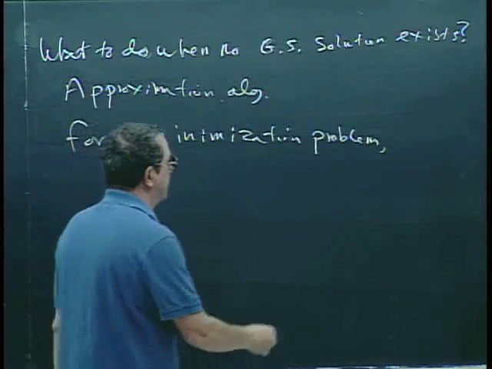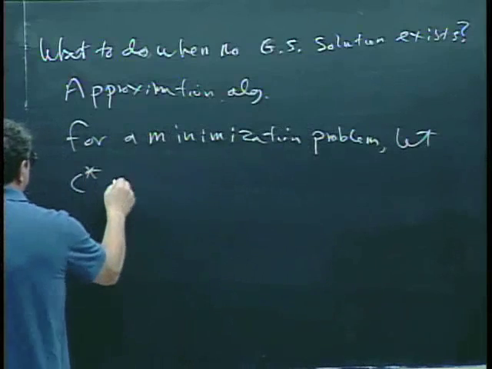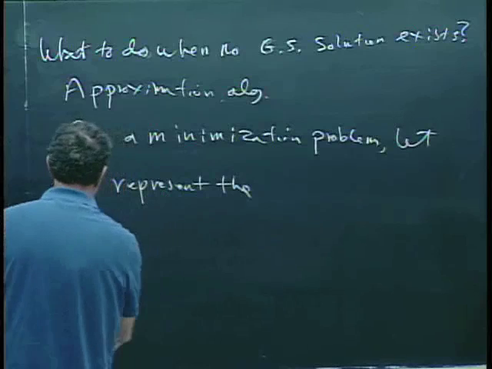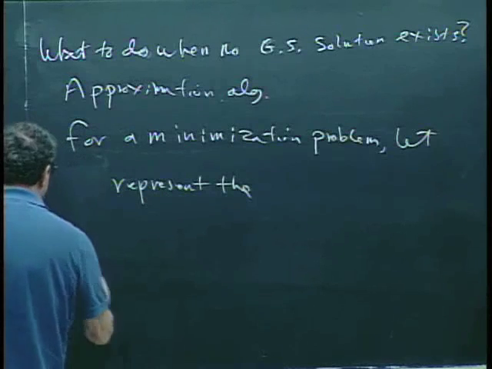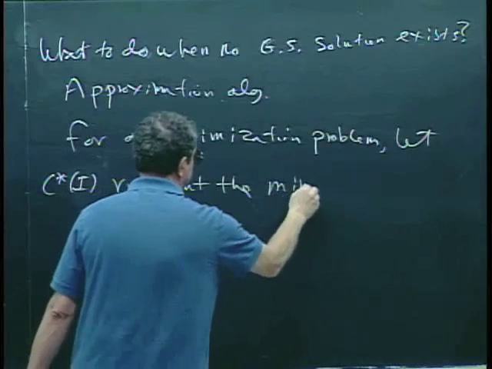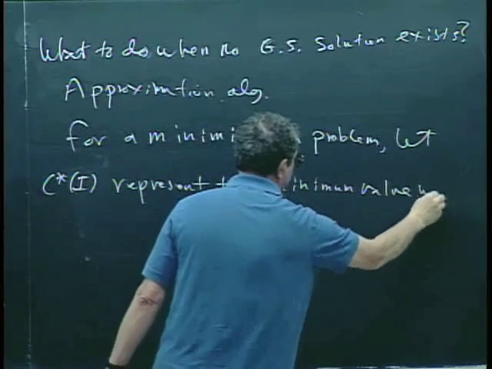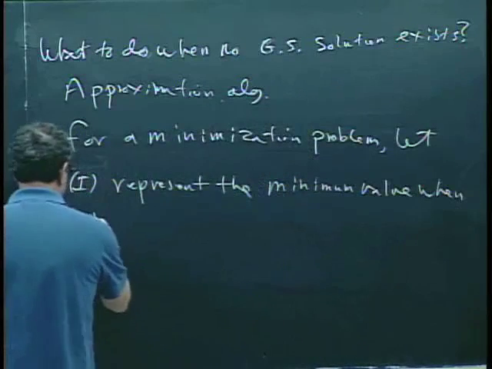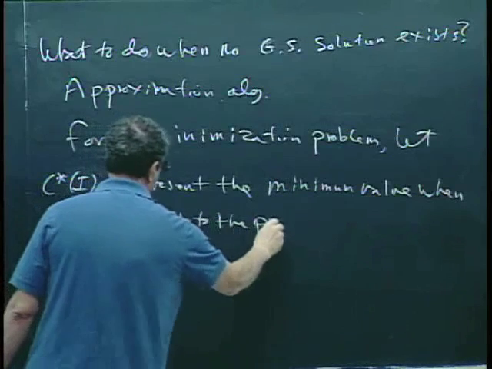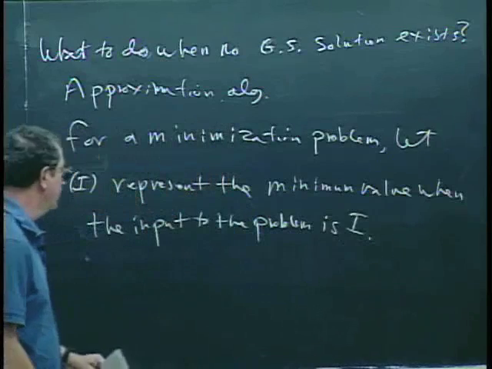So for a minimization problem, let C star of I represent the minimum value when the input is I. Okay, so just notation.